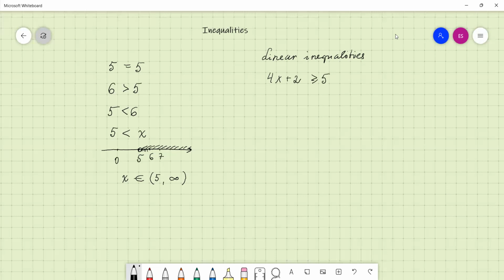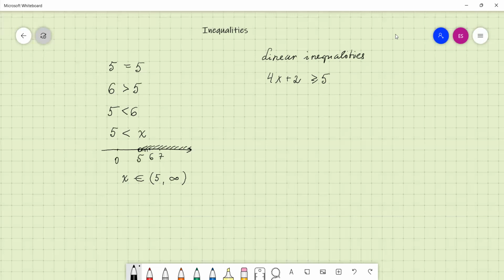What is the difference between this inequality and the inequality we had before? Well, first, we also have an equal sign. The equal sign means that if x gives you exactly 5 when you substitute here, it's still going to work for us. Second difference, instead of just x like we had before, we have x multiplied by 4 and added 2. This is a linear expression, and that's why we call the inequality linear. The power of x is equal to 1 here.